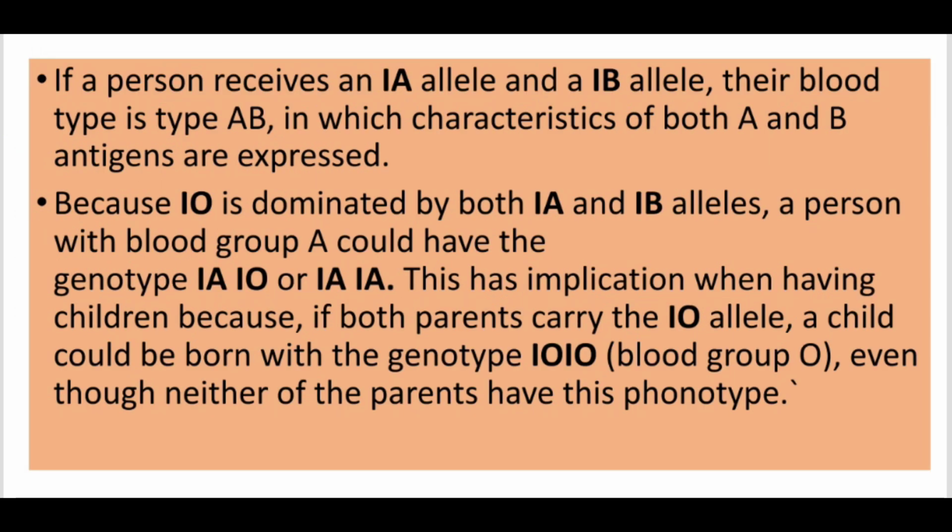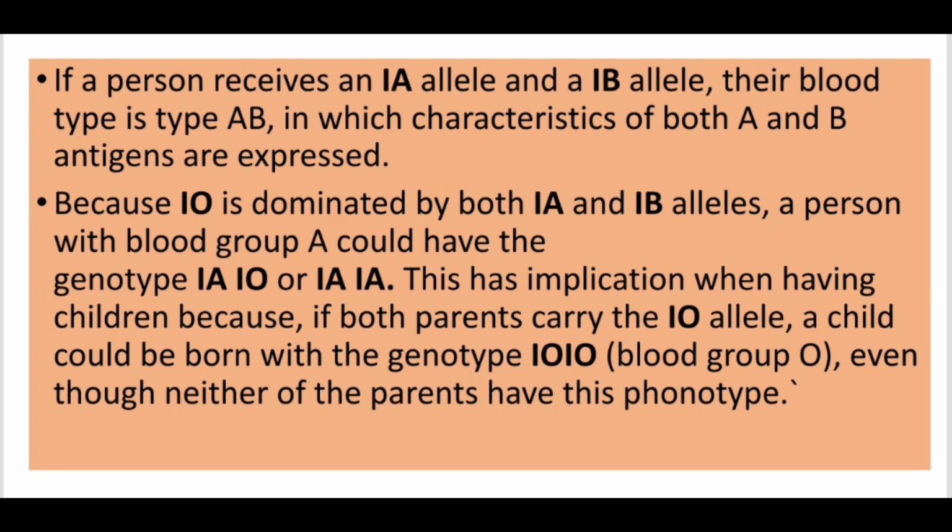If a person receives an IA allele and an IB allele, their blood type will be AB, in which characteristics of both A and B antigens are expressed. Because IO is dominated by IA and IB alleles, a person with blood group A could have the genotype IA-IO or IA-IA.